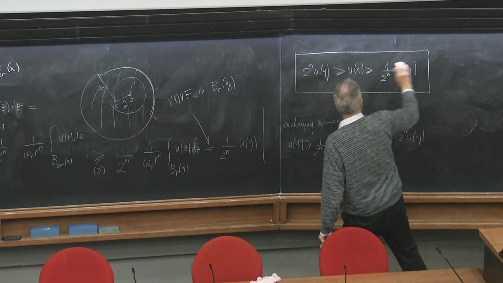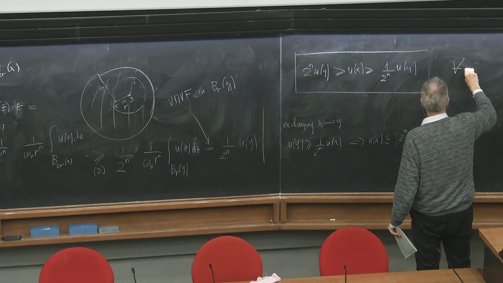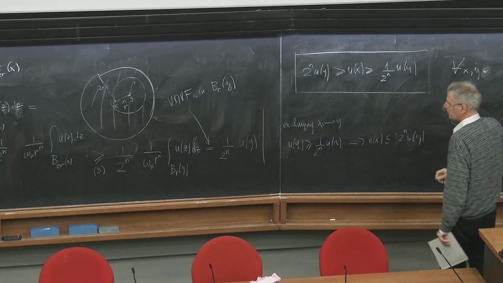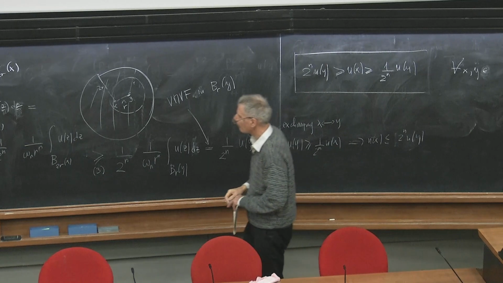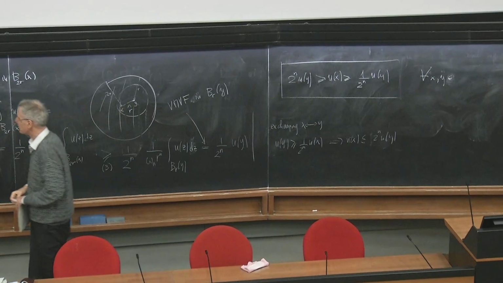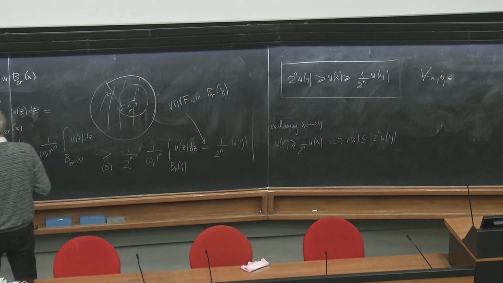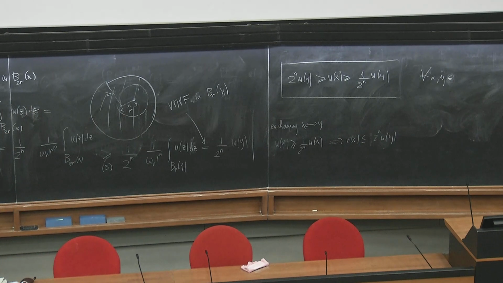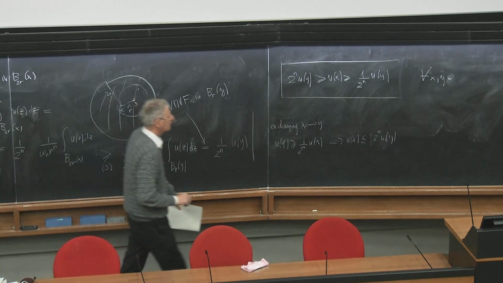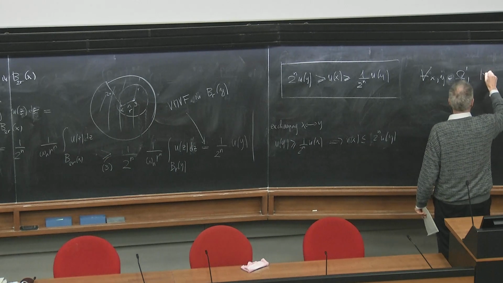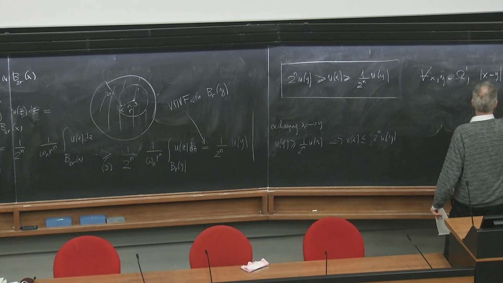So this we have obtained, and this we have obtained for any x and y in omega prime at distance |x minus y| less than r.